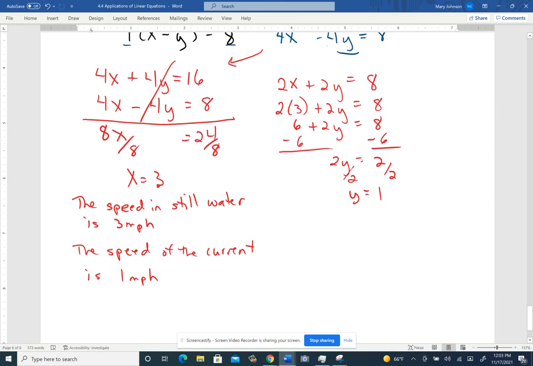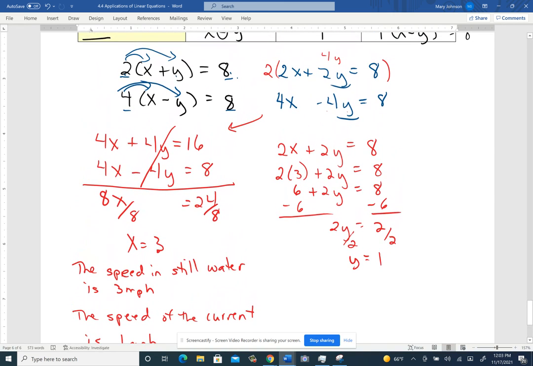So notice, just out of curiosity, notice if I had divided by 2, I'd have x plus y equals 4. And if I had divided by 4 here, I would have had x minus y equals 2. So notice that 4 would be the speed of the kayaker plus the current.